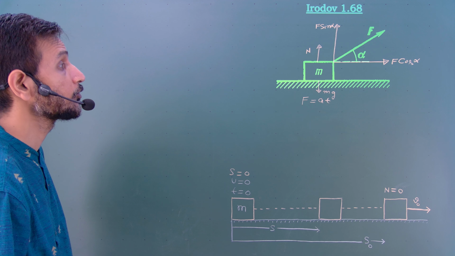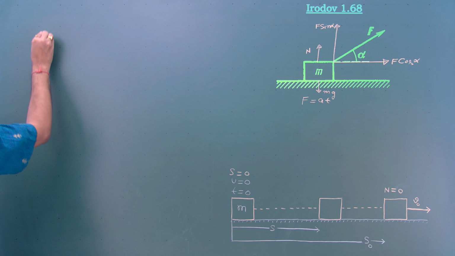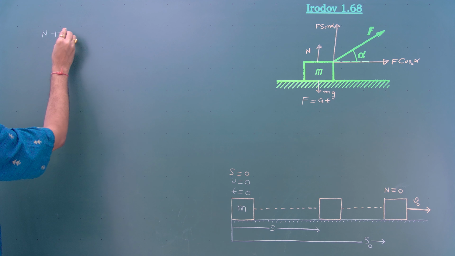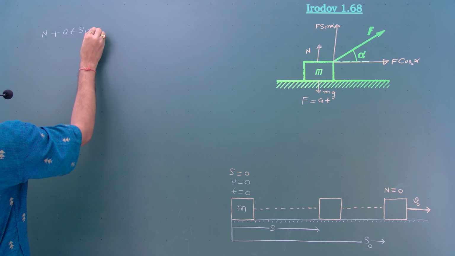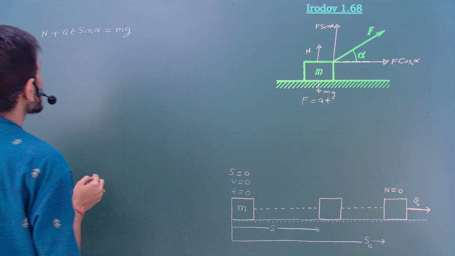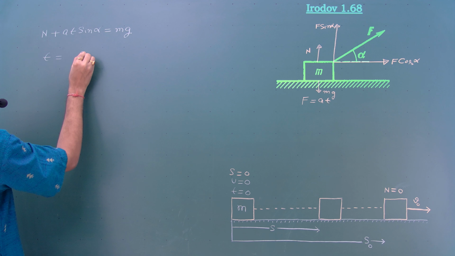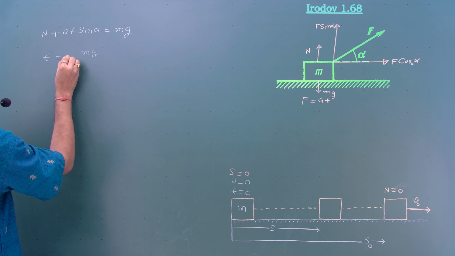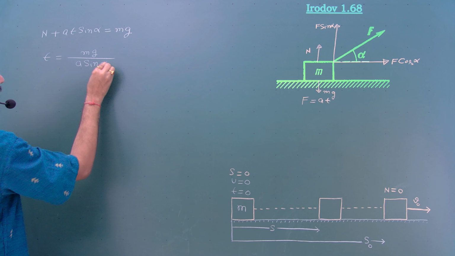First we have to calculate the time when normal is 0. So the equation is N plus A t sin alpha should be equal to mg. Now the time when N equal to 0 is t equal to mg divided by A sin alpha.